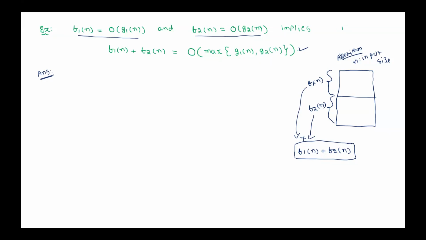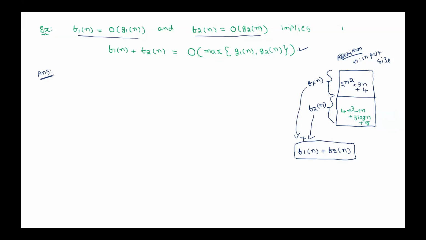Okay, I'll elaborate on this. For the first part, the amount of work done is say 2n square plus 3n plus 4. This many operations are performed. In the second part, the number of operations performed is say 4n cubed minus 7n plus 3 log n plus 5.